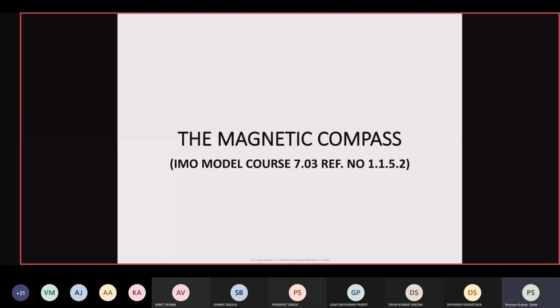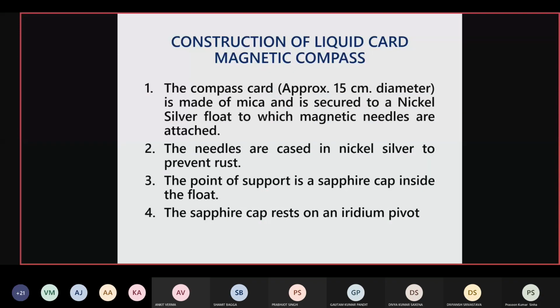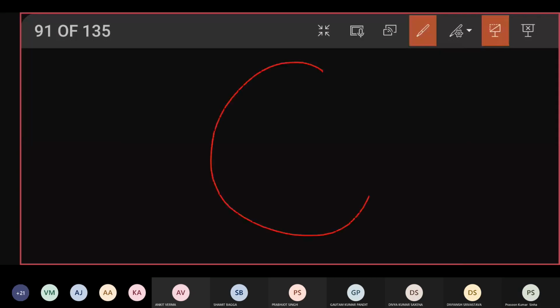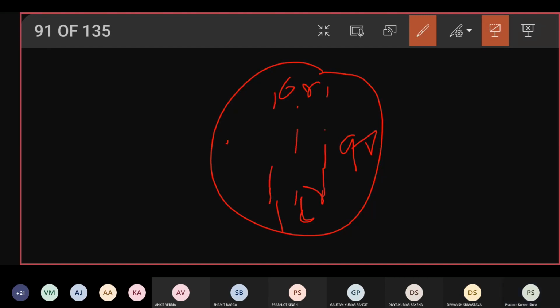Now we are coming closer to the magnetic compass as real thing. A normal compass, magnetic compass, is nothing but a compass card जिसमें नंबर्स लिखे होते हैं और इसके नीचे में छिपा हुआ there are magnetic rods.